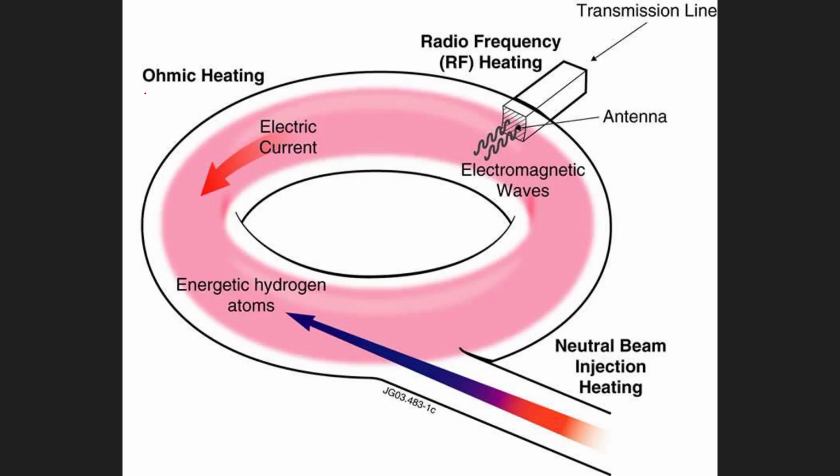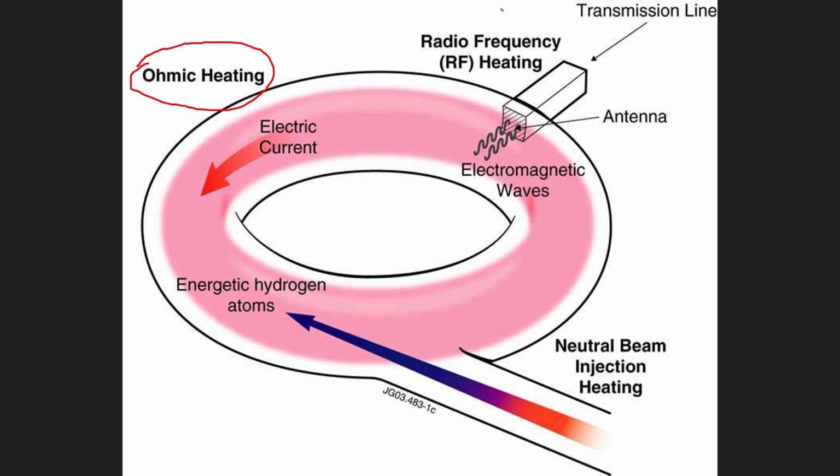And last is the diagram. Although we talk about these three methods sequentially, they are not actually done sequentially. They are done at the same time. And we see a circle, and here is ohmic heating. Ohmic heating is to heat the plasma using electric current.